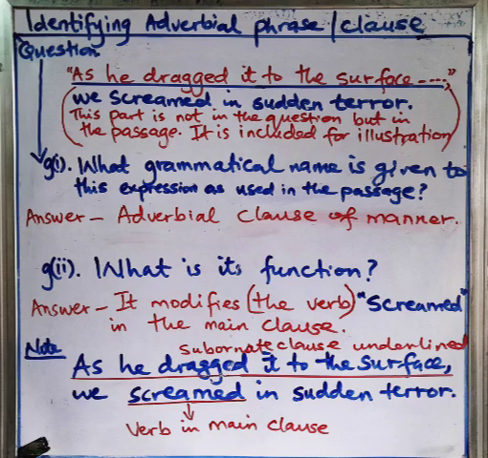From the example we have, after going to the passage, the main clause there is, we screamed in sudden terror. You can see that particular clause can stand on its own, unlike the underlined expression, as he dragged it to the surface, which must look for something else to make it stand. That's why it's called a subordinate clause or phrase. So when you look at the main clause from the example, the main verb is screamed.